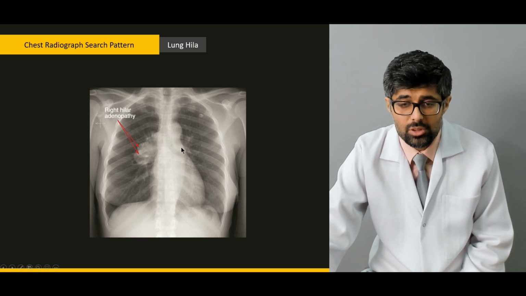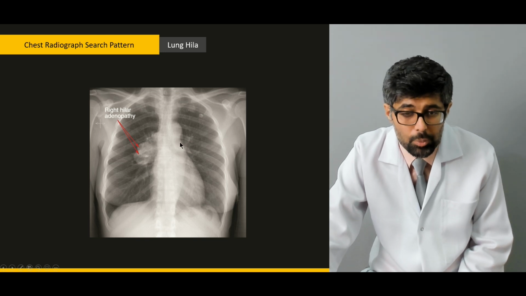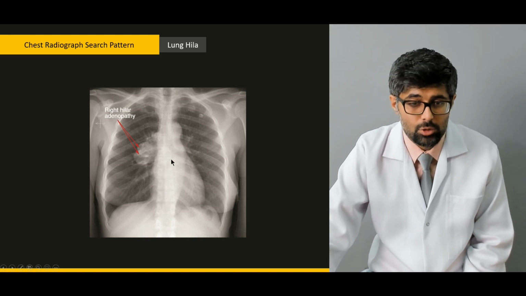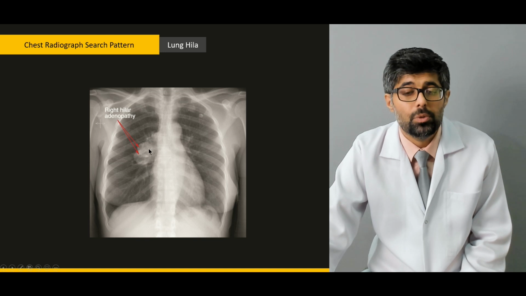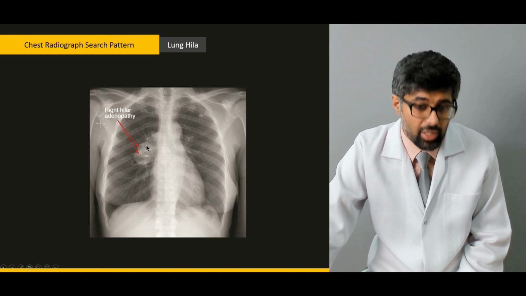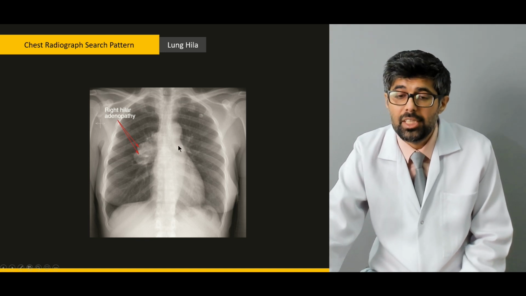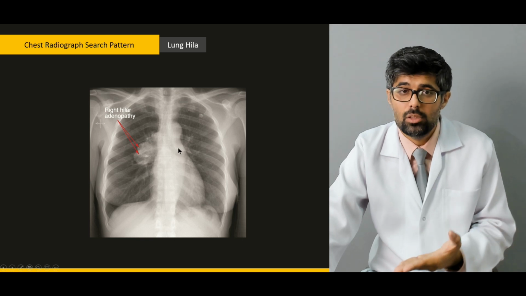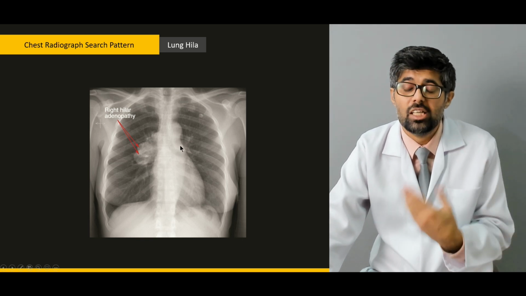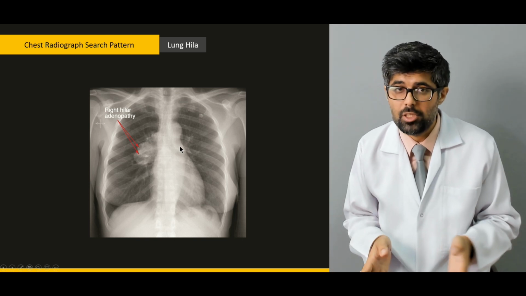You can also see here on the left that the cardiopulmonary notch is gone. So that hilar lymphadenopathy is happening at both the hila. On the right side we can appreciate it, but on the left side it is behind the heart. So the loss of the notch gives us the idea of bilateral lymphadenopathy.